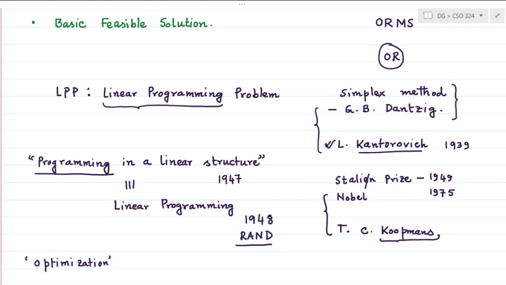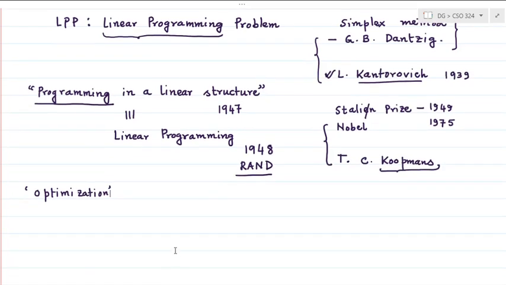For instance, in your Mathematics 1 at IIT BHU, you have learned the Lagrange's multiplier rule to solve this particular maximization or minimization problem: maximize the function f(x) subject to some equality constraints g1(x) = b1, g2(x) = b2, and maybe there may be some other equality constraints as well.